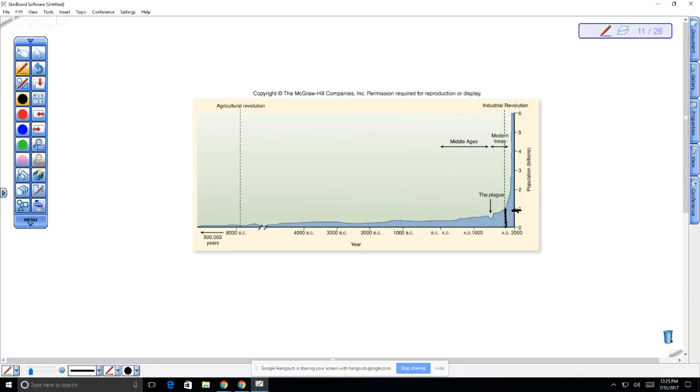So when we talk about this increase in growth rate, the increase in population size was due to, one, the decrease in the death rate.